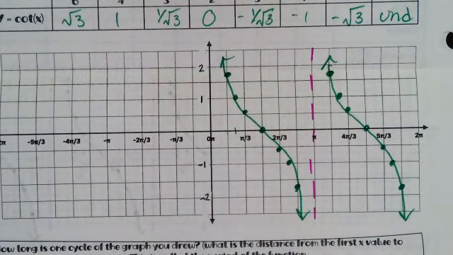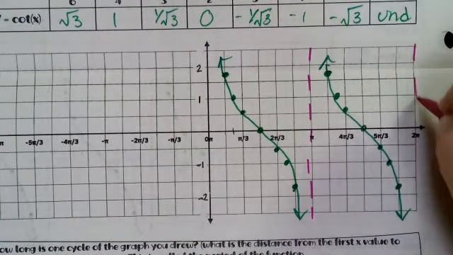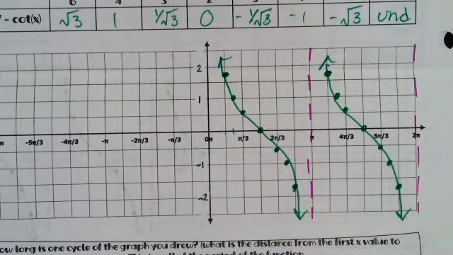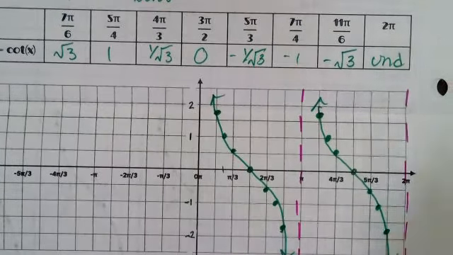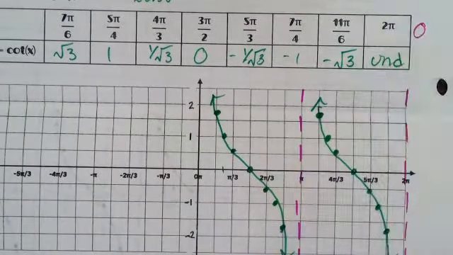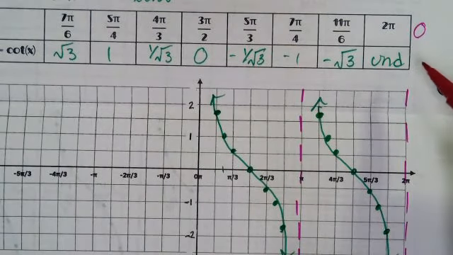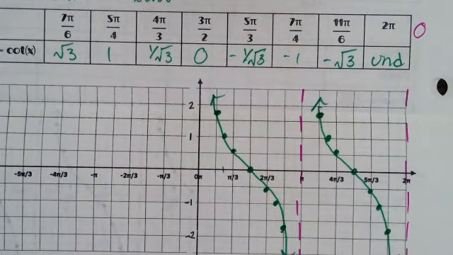And at the end, when you get to 2 pi, the output was undefined again, which means we have yet another asymptote. Another value, I always feel like they need to add these, but they don't. Another value that would be good to add is to look at the input for if your x was 0. And if your x is 0, I want you guys to remember back to what we had on the tangent function.